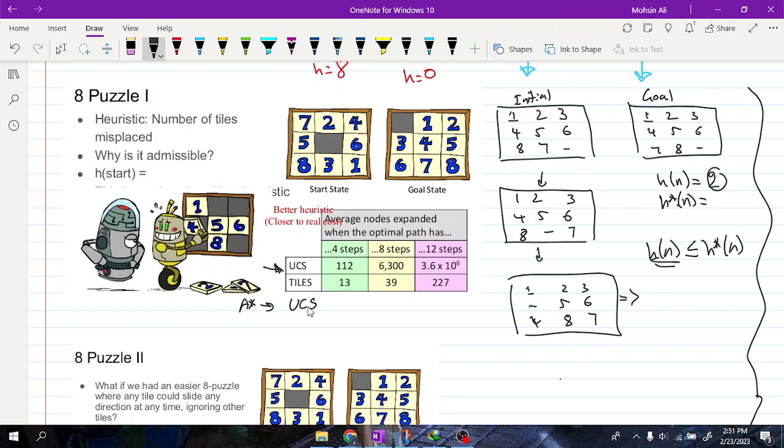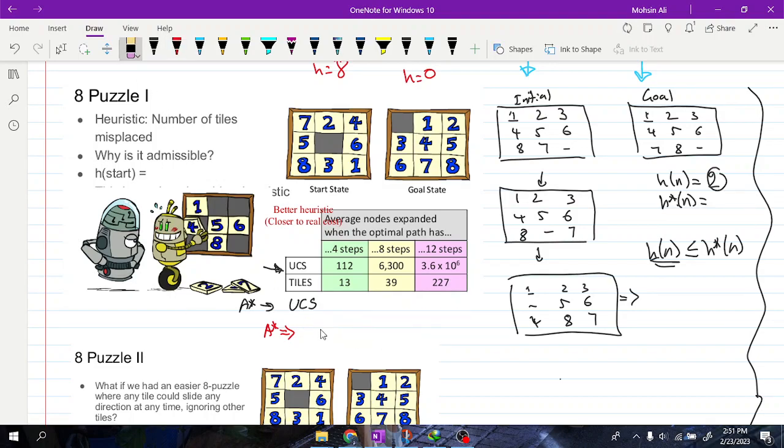A star is defined as f of n equals g of n plus h of n, and if this heuristic cost turns to 0, you would find that your A star gets converted into a UCS.